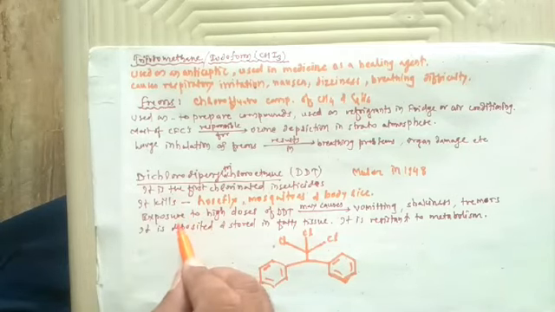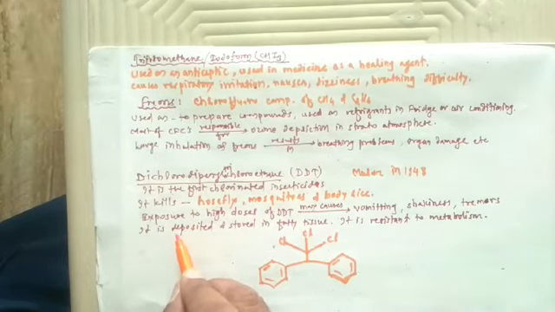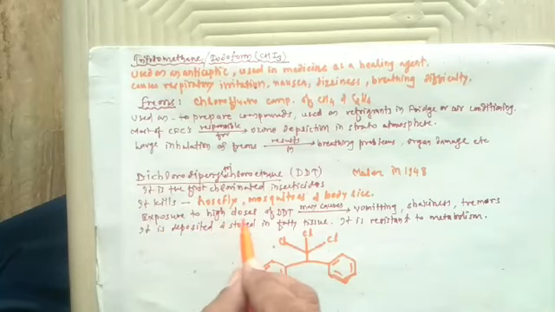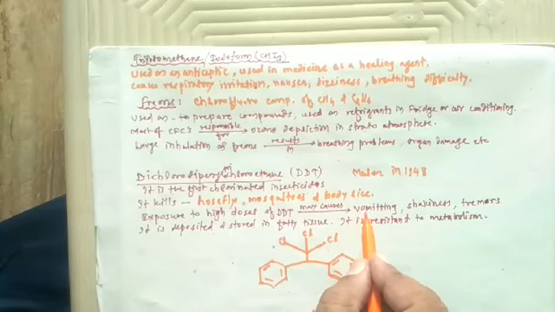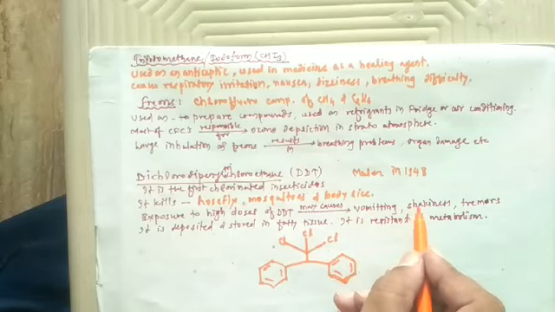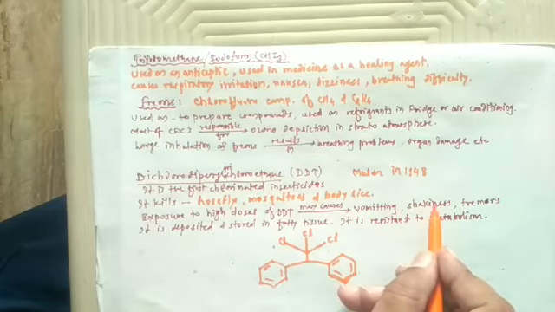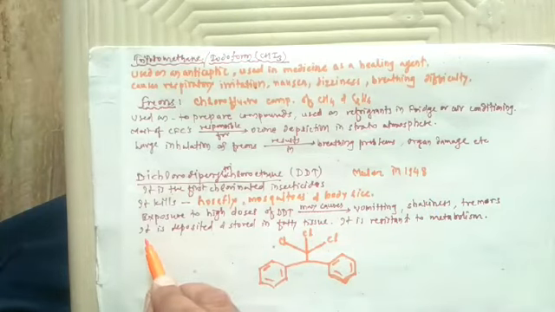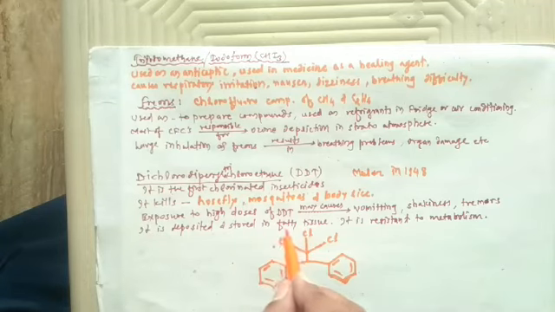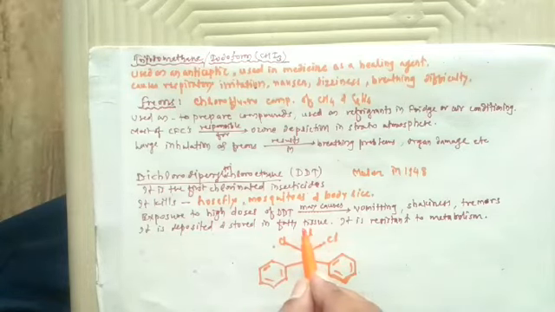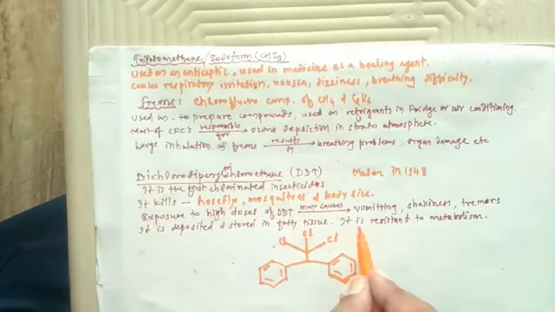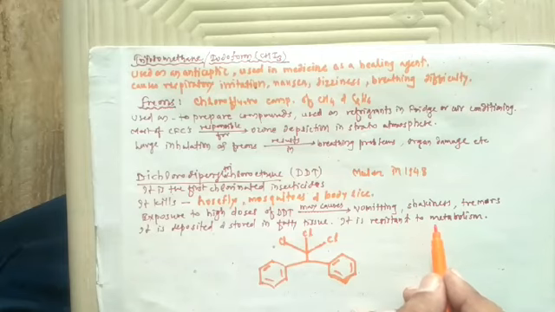Let's study its environmental effect. Exposure to high doses of DDT may cause vomiting, shakiness, etc. It gets deposited and stored in fatty tissues. Another effect is that it is resistant to metabolism in our body.